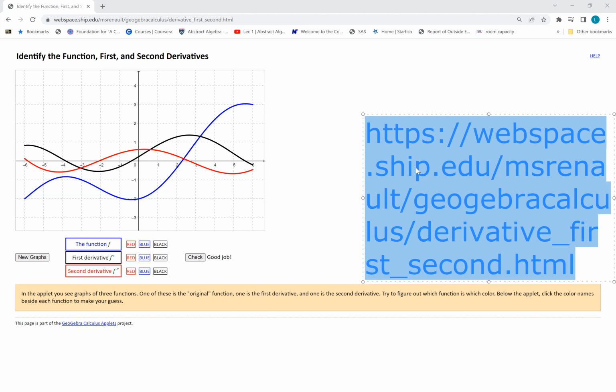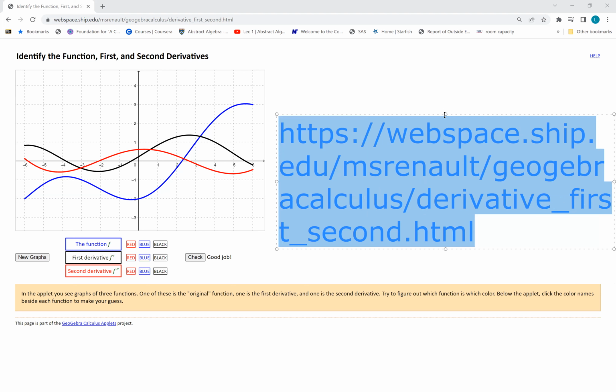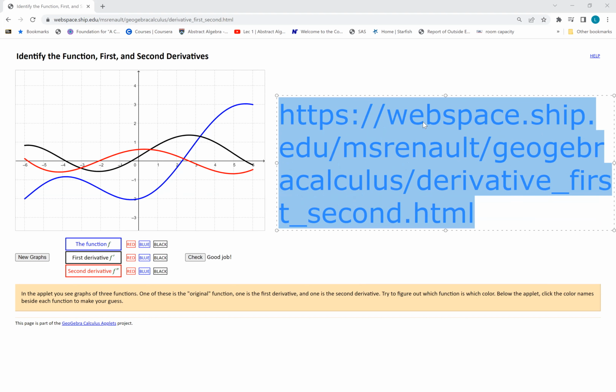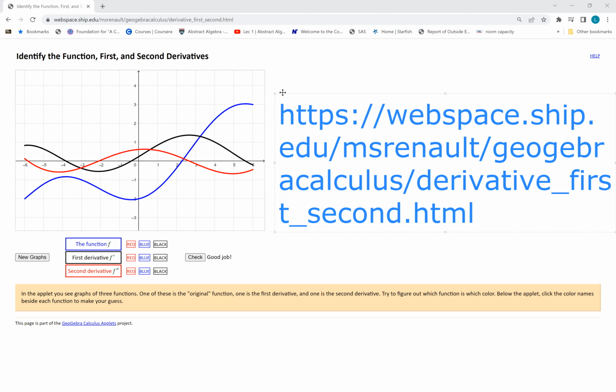I don't know how to make it smaller. Oh, they don't want to let me. What?